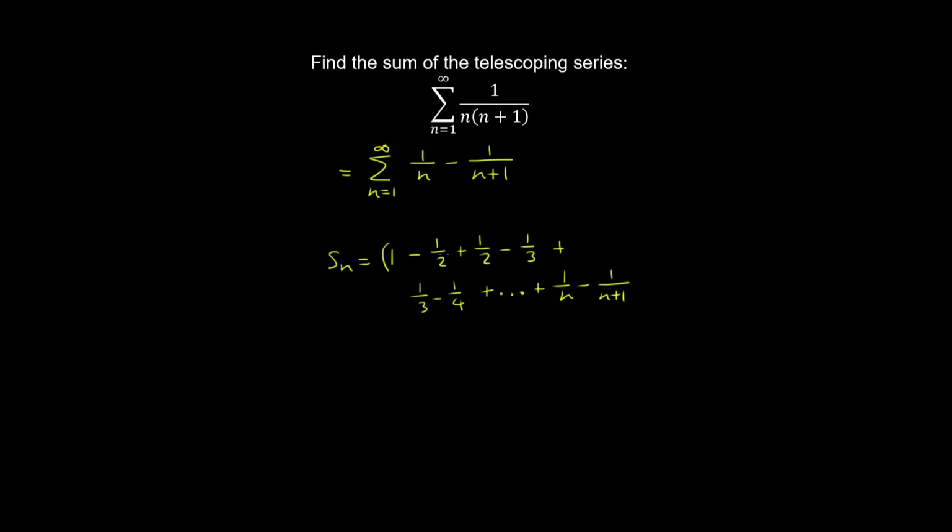And now we can group every two terms together. And then we can cancel out the like terms, so -1/2 plus 1/2, and so on.